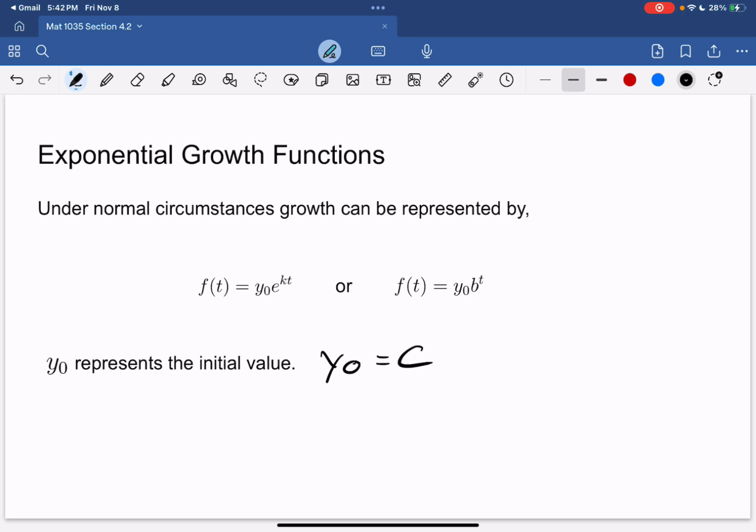Okay. e to the k stays the same as it did in the previous section 4.1, but b here, which is kind of just interpreted as base, works the same way as a. Okay, so everything operates the same way. But instead of having an equation, now we have a function that we can change the value of t and figure out some things with it, okay?